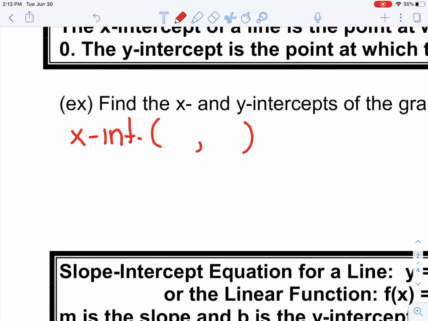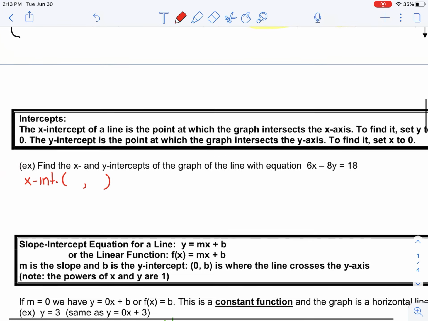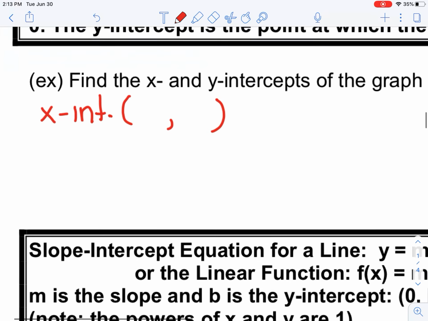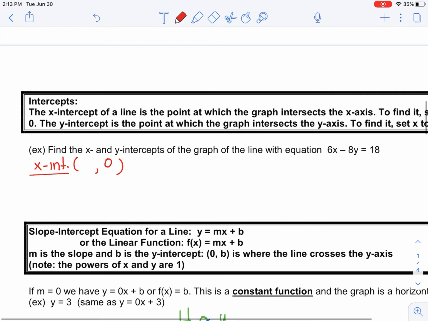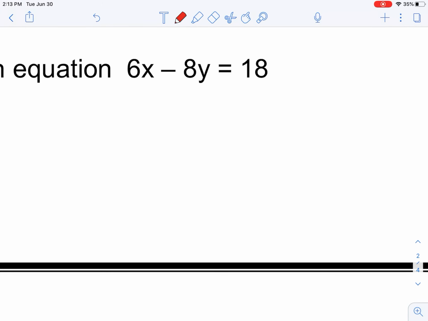So to find the x-intercept, based off my notes, I'm going to set y equal to 0 so that I can solve for x. In this equation, it's read 6 times x minus 8 times y equals 18.